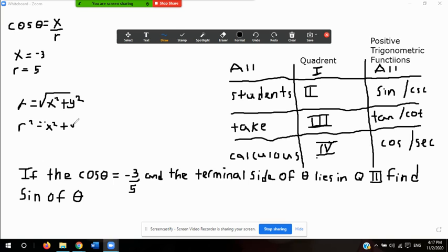Basically, guys, what it's saying is that from this formula, I can get this one if I square everything. That means that I can use this formula to find the missing value, so that's what I'm going to do. And r squared, I know, is 5 squared.